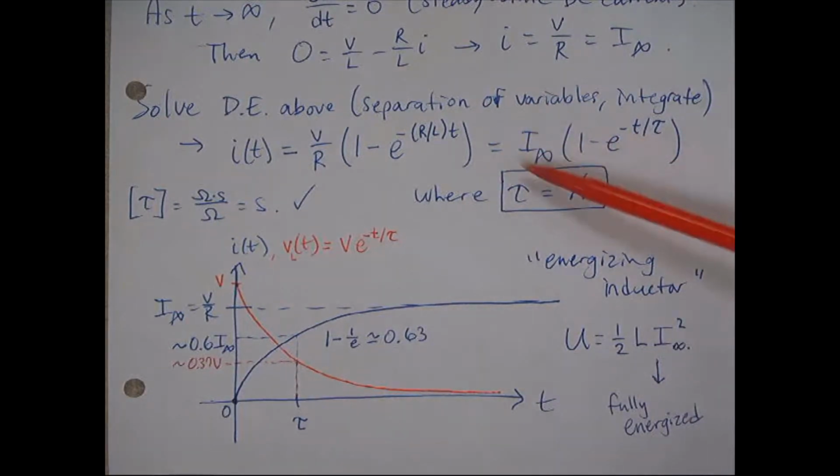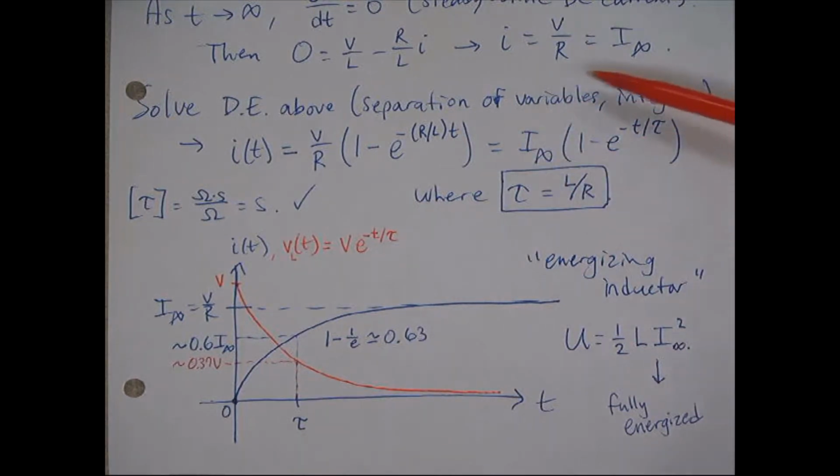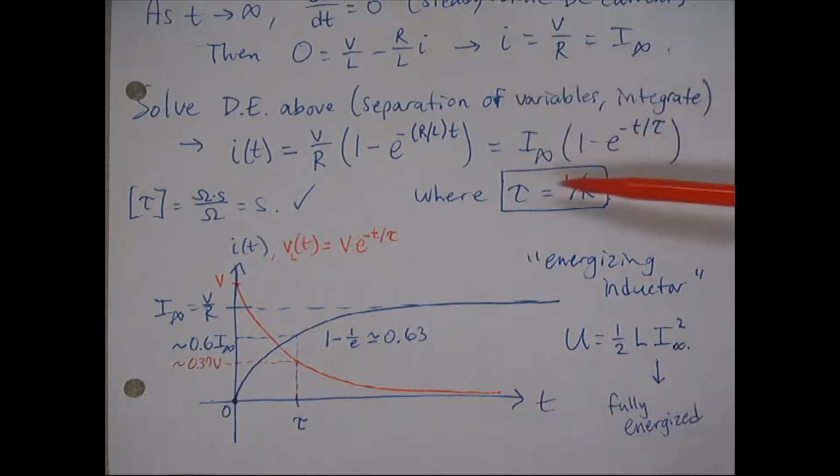So that looks like your I infinity times 1 minus e to the minus t over tau. What does this remind you of? It looks like the charge as a function of time in an RC circuit.